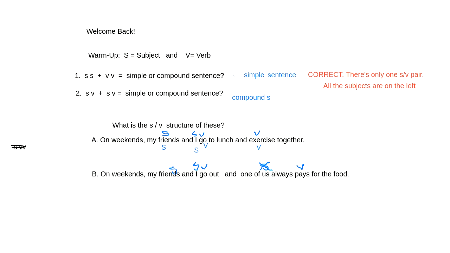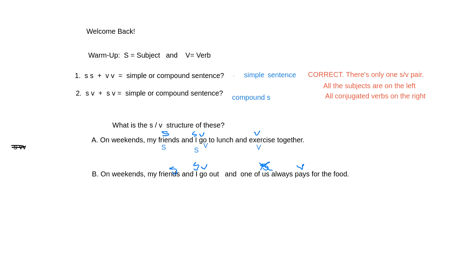It has one pair. But when we say pair, does that mean there's only one subject and one verb? Well, there could be three subjects and one verb, or there could be one subject and two verbs. When I say a pair, it doesn't necessarily mean one subject and one verb.